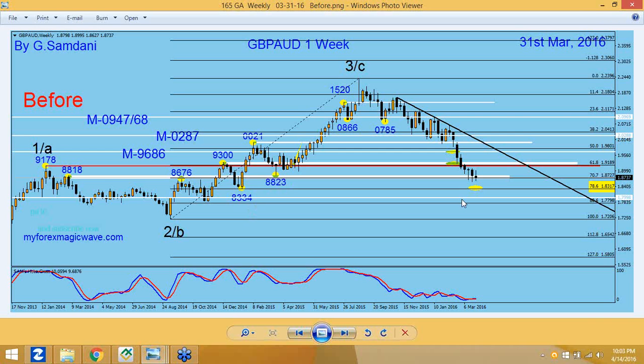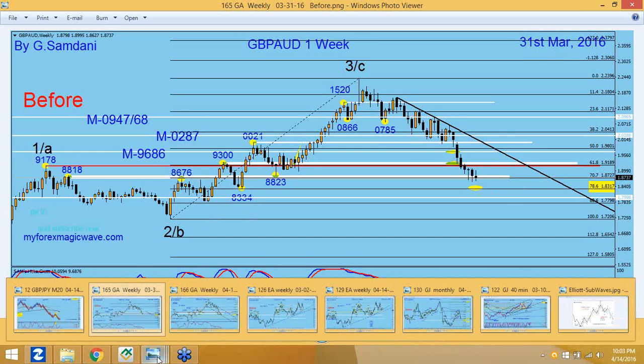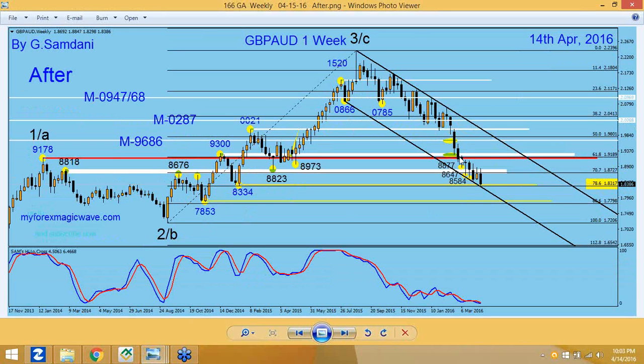So now the question is whether we are going to hold and turn to the upside or break to the downside, and if we do, this low will be the next one. Simple as that. Okay, this is the current chart, nice and clean. This is a beautiful channel, and we already hit it 2 times.